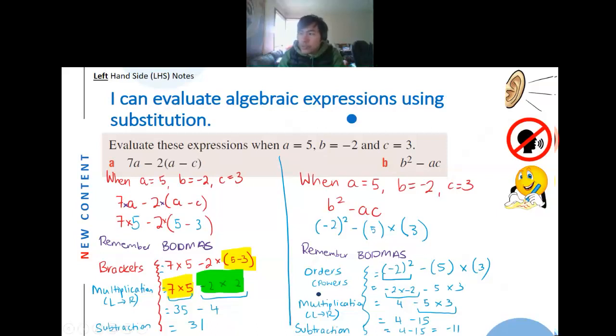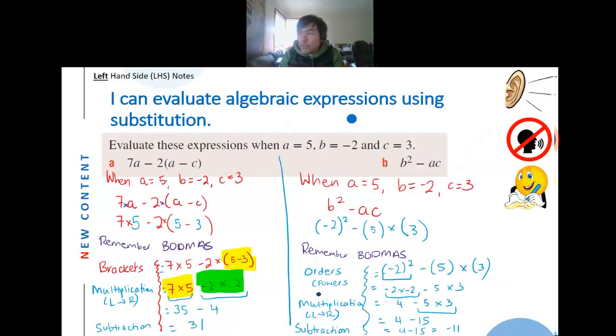I just want to remind you guys that between the numbers and the letters, there are invisible multiplication signs, and also between a number and a bracket, there's also an invisible multiplication sign as well.